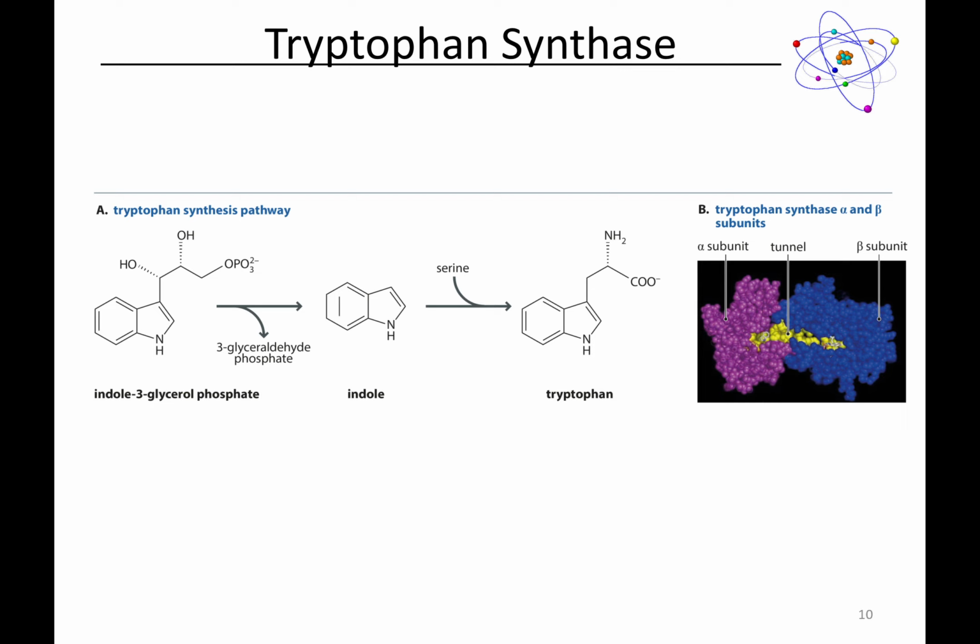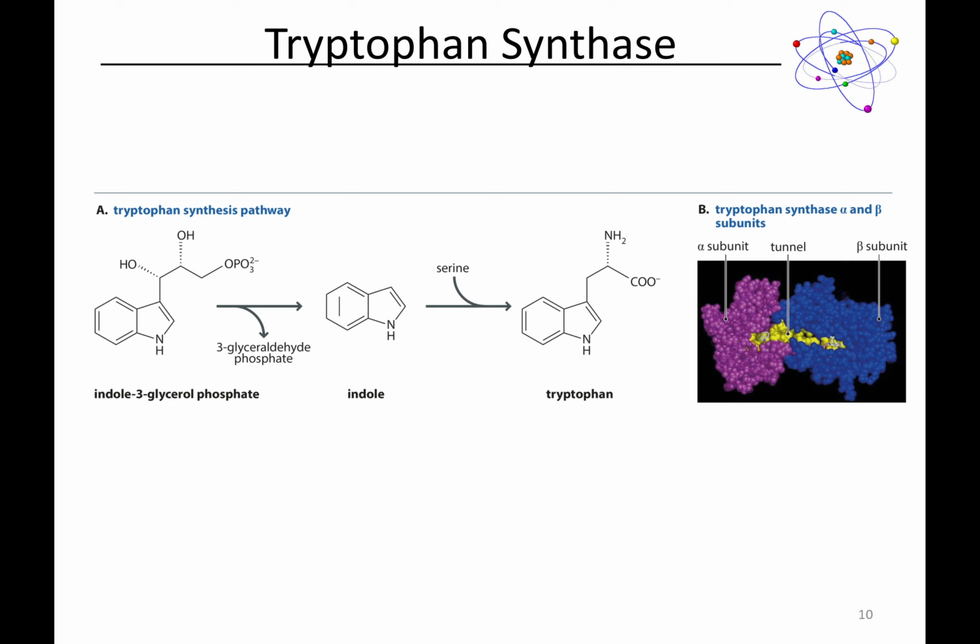So in the first step, glycerol is removed and we're left just with indole. That happens at the active site here on the left, that purple alpha subunit. We produce indole, which then can react with the amino acid serine. Serine gets added on here, and that's how we make tryptophan.